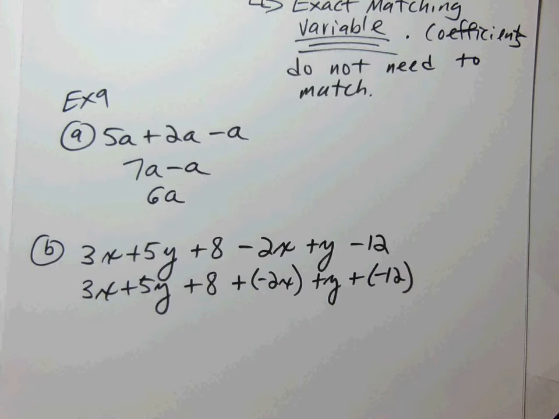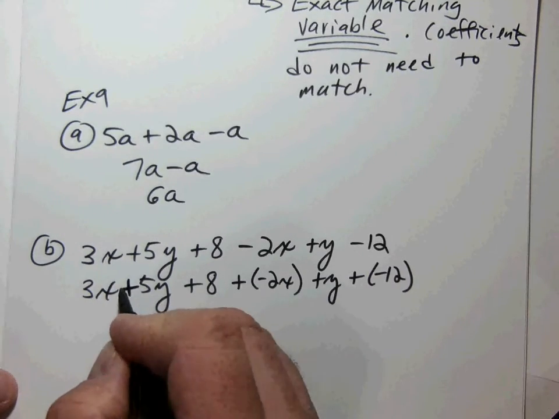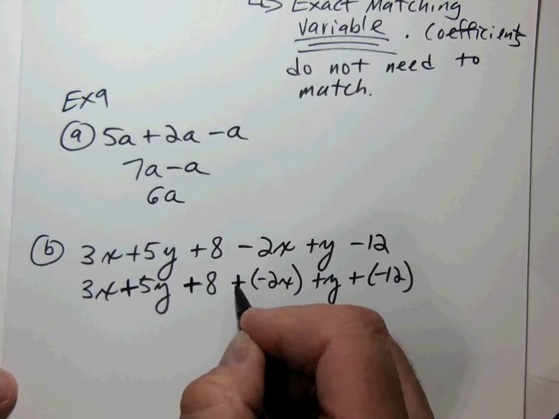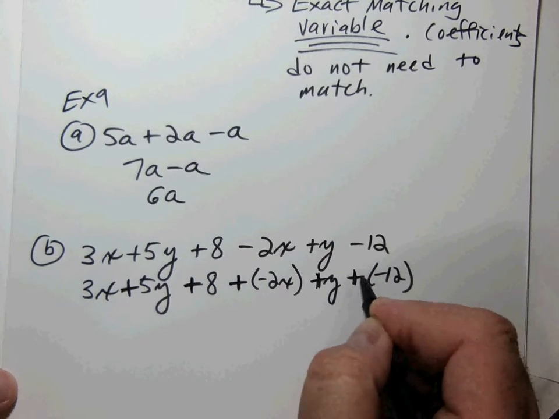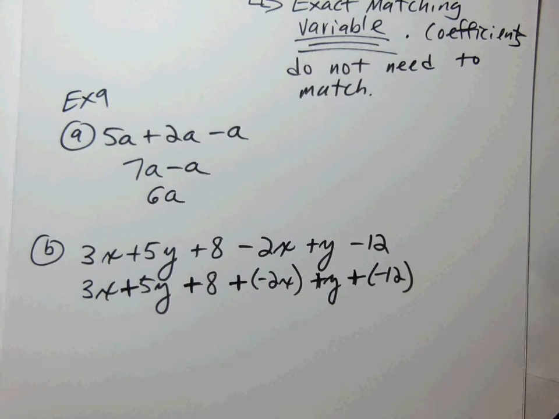But once we have that form, it's all additions, that's why we did that. Well, now if you want, you can physically shuffle stuff around and put the x's side by side and the y's side by side and the constants side by side if you wanted to. Okay, you don't have to physically move them, you just got to put them together in your mind.